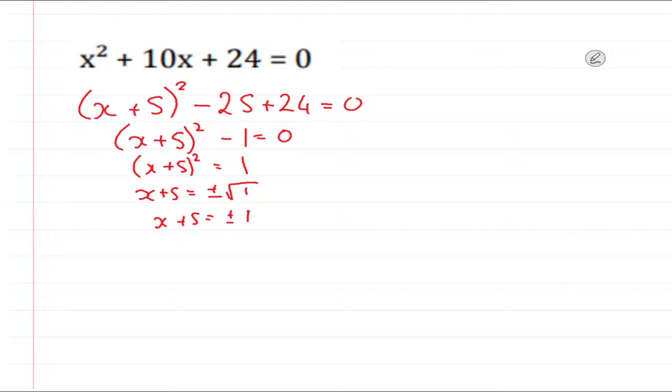It is a square number. You can actually work it out. Then what do I do last? Take 5. So x is equal to minus 5 plus or minus 1, which gives me 2 answers. What are those 2 answers? x is equal to minus 5 plus 1, which is minus 4, or x is equal to minus 5 minus 1, which is minus 6.